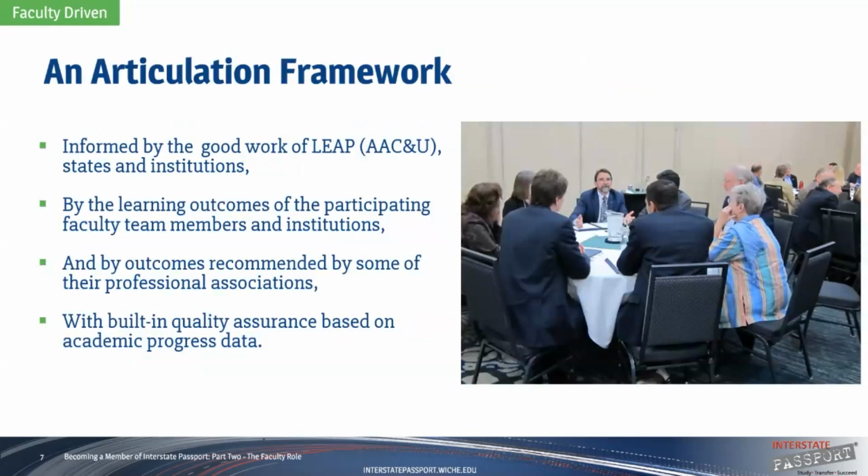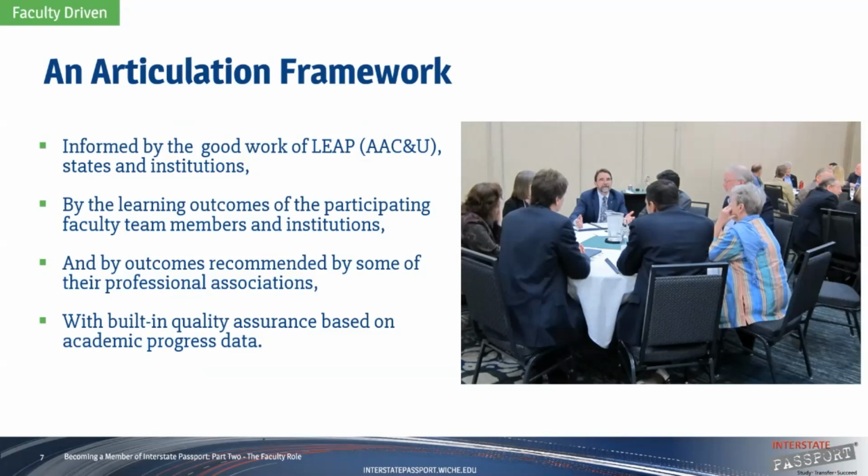These teams were informed by the work that AAC&U has done across the LEAP, Liberal Education in America's Promise, in looking at what the learning outcomes are for any baccalaureate education and applying that to more of a transfer level or lower division.